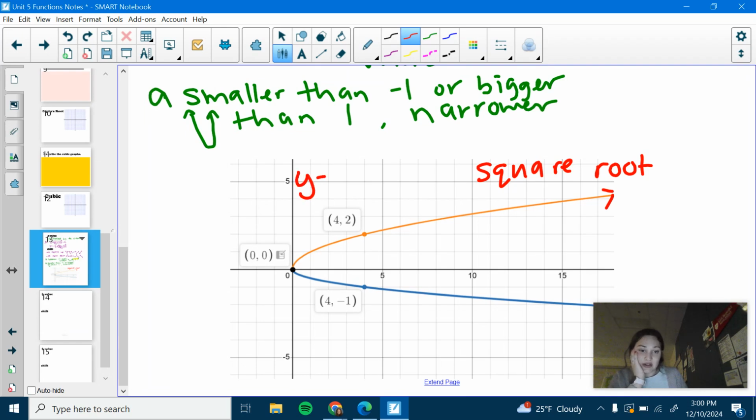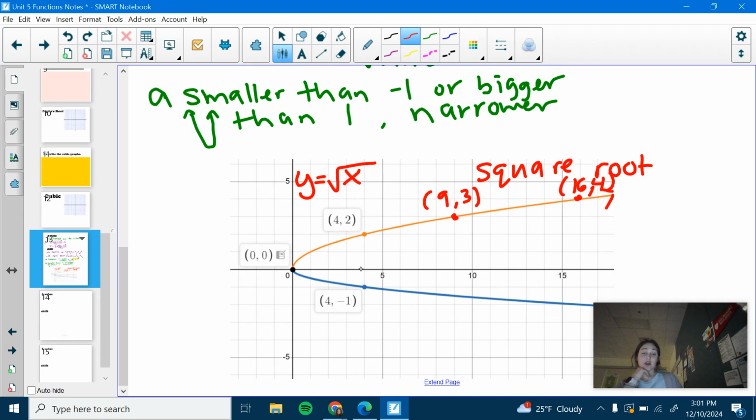I write that down as y is equal to the square root of x. Okay, that is this orange trajectory here. You'll notice two key points, (0, 0) and (4, 2). I could keep going. (9, 3) is another one, and (16, 4) is another one.